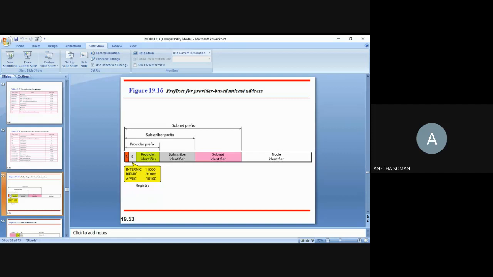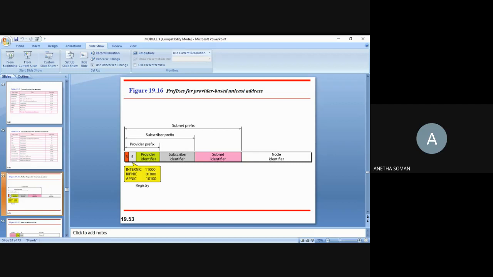Now the fourth field is the subscriber identifier. If an organization subscribes to the internet, it subscribes to a provider, and that is assigned as the subscriber identification. The total length will be 24.